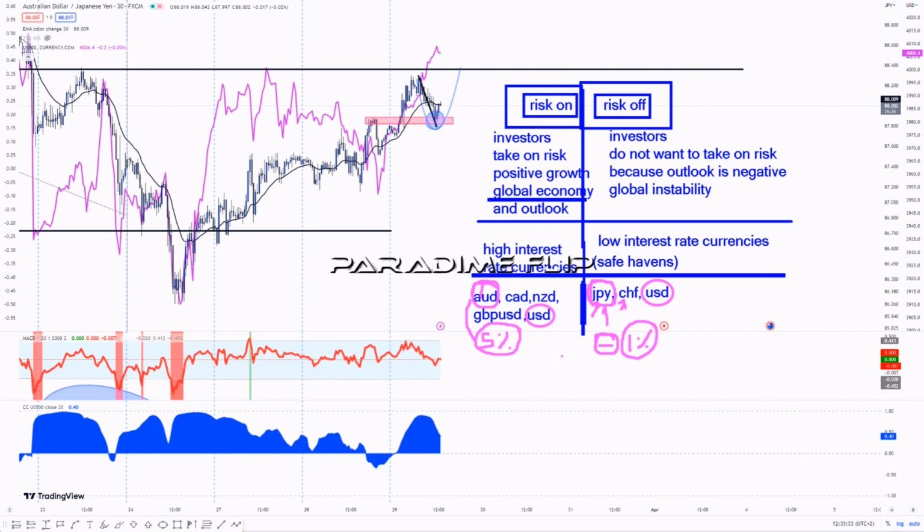So what investors tend to do is borrow from safe havens and invest in a bank where their money can grow. So these are borrowing currencies, the Japanese yen and the Swiss franc. This happens during a risk-on environment, and this is basically called the carry trade.